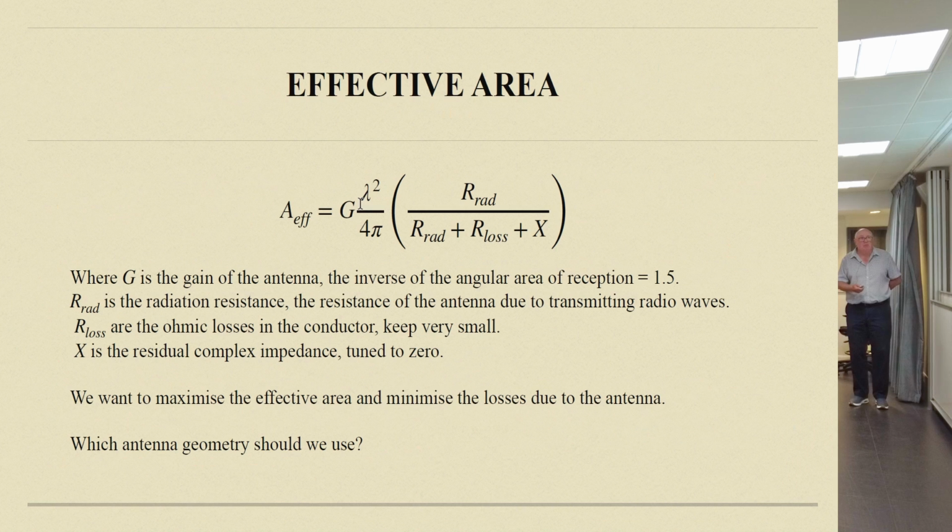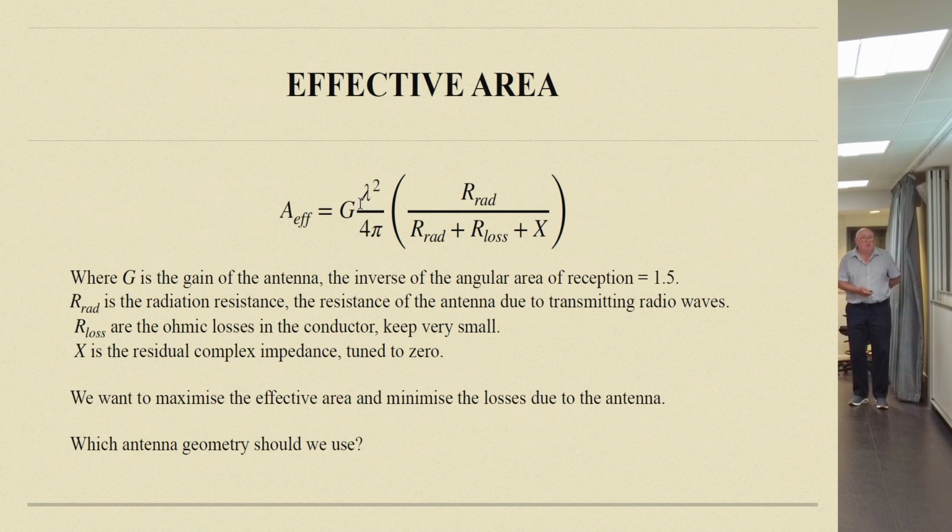So we want to maximise the effective area. Sorry, G is the gain, by the way. It's only a gain of about 1.5, but at least you might be able to hear something.